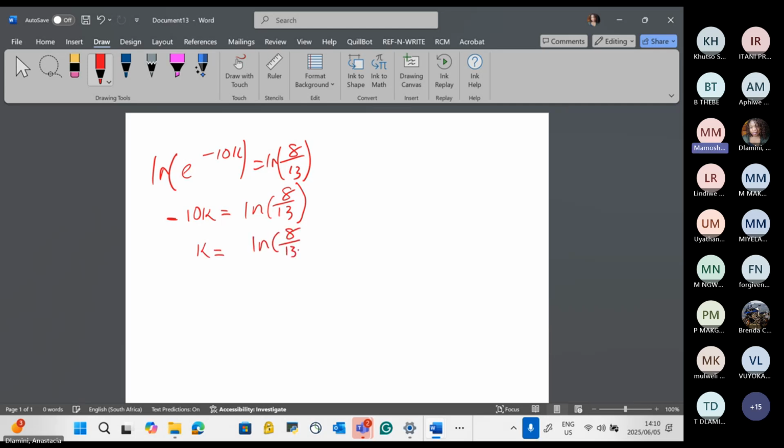K is equal to ln over negative 10. Then we can change and multiply into 8 divided by 13 times 10 over 1. What do you want to change?